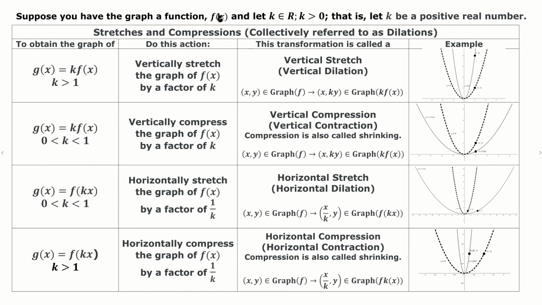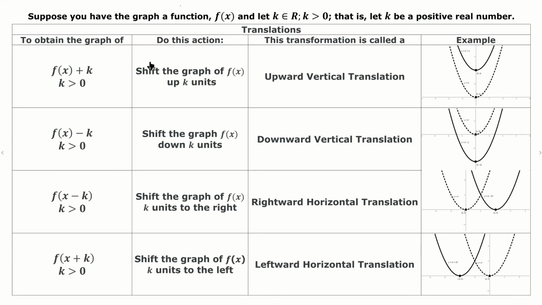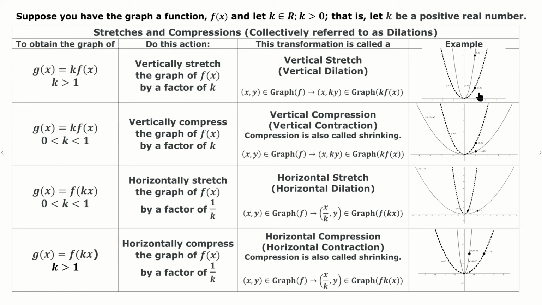With these, you need to be slightly careful because the shape is changing. If you recall on the last slide, which is what I'm showing you right now, the shape does not change at all under translations. Here, however, notice the shape is changing. This one is becoming thinner. This one is becoming wider, etc.